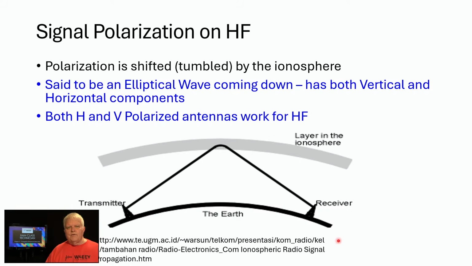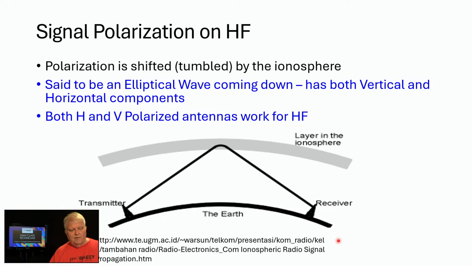Now, on high frequency radio from 3 to 30 megahertz, you can have both vertical antennas and horizontal antennas. Does that mean that if I have a vertical antenna, I'm only going to hear vertical signals? Actually, no, because of the ionosphere.